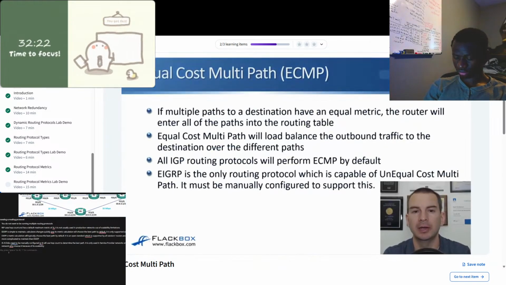In this lecture, you'll learn about equal cost multipath, ECMP.